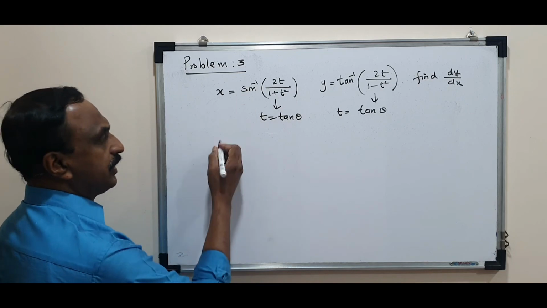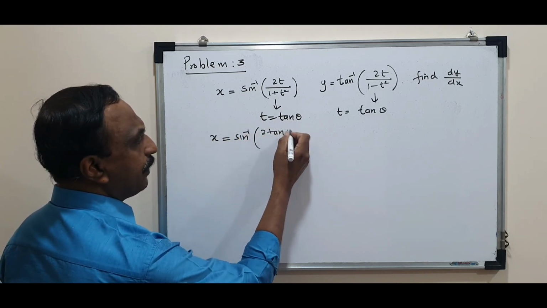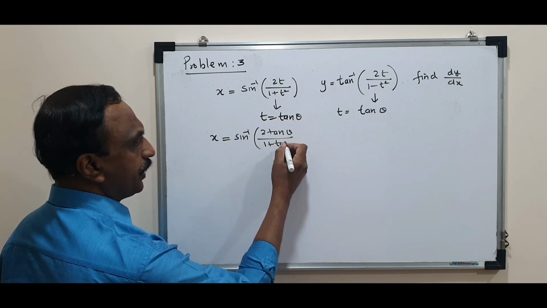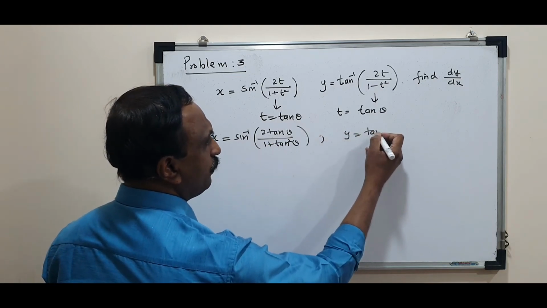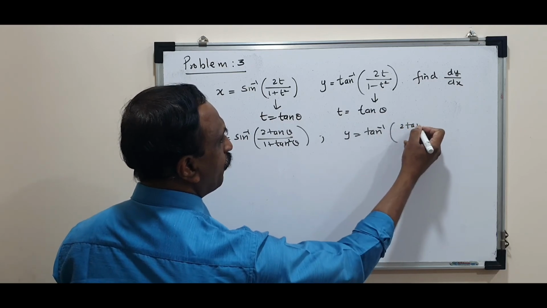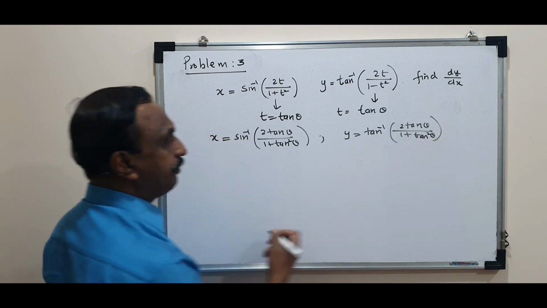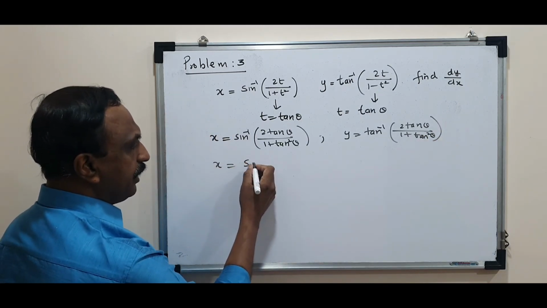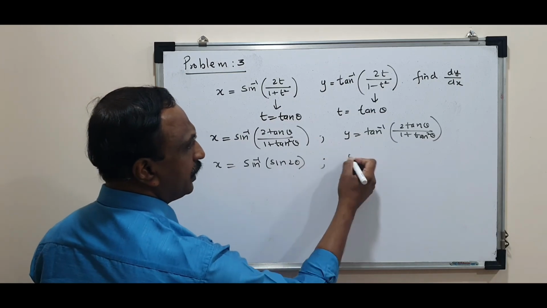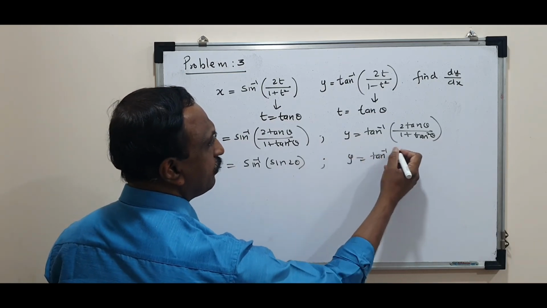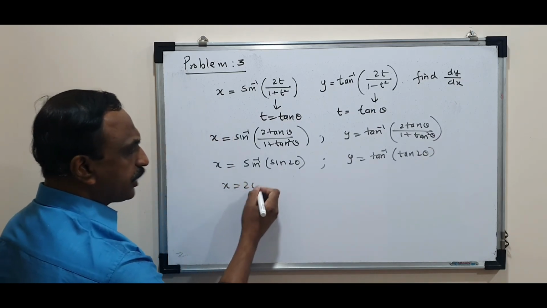In that case, x will become sine inverse of 2 tan theta upon 1 plus tan square theta, and y will become tan inverse of 2 tan theta upon 1 plus tan square theta. Now remember, in both places the angle theta is the same. So x became sine inverse of sine 2 theta and y became tan inverse of tan 2 theta. Now x is 2 theta, y is also 2 theta.